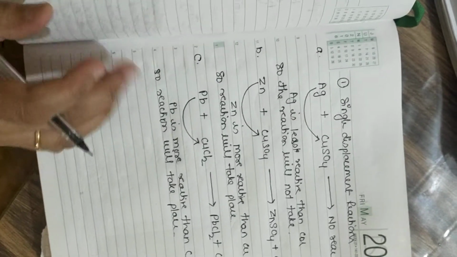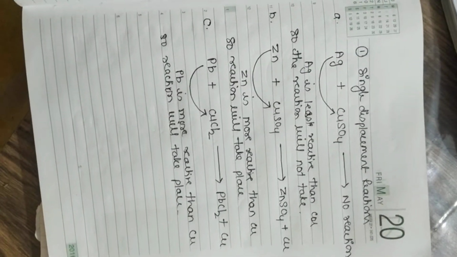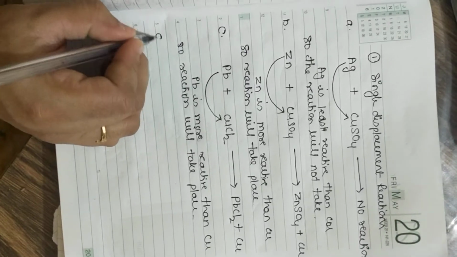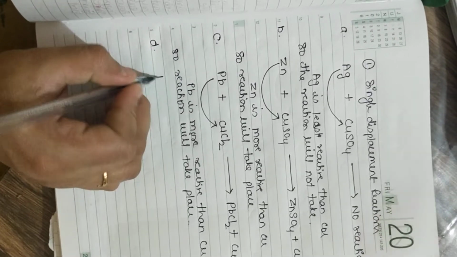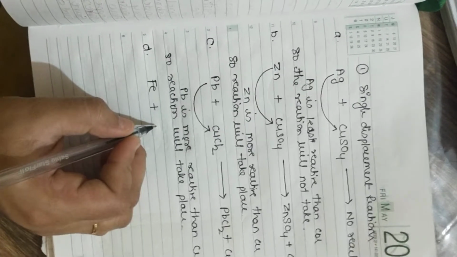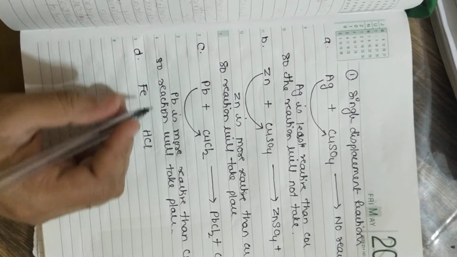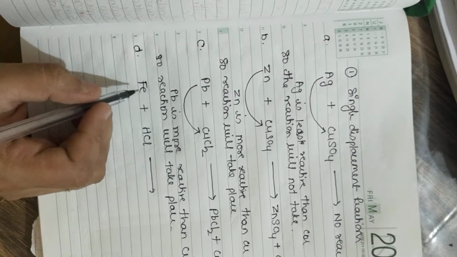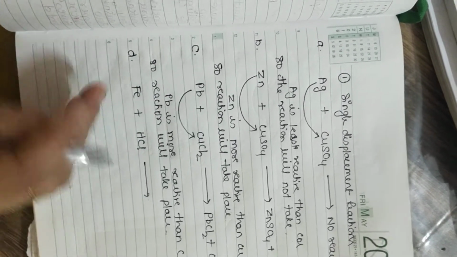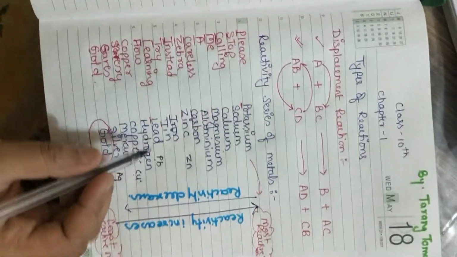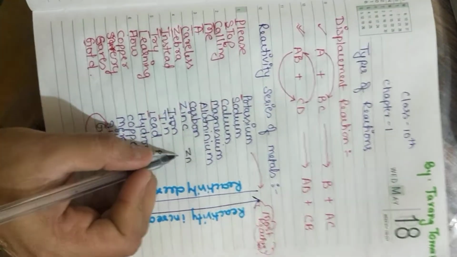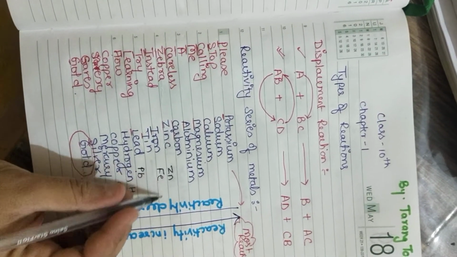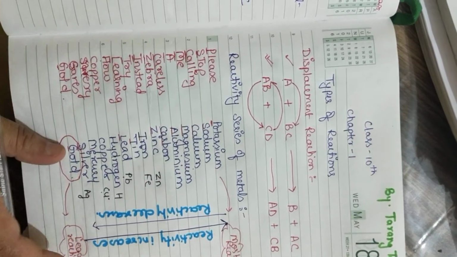Okay, now let's see another type of reaction, that is iron plus HCl. Will this iron displace hydrogen? Let us see. Iron is here, that is Fe, and this is hydrogen, so it can easily displace the hydrogen from its salt.